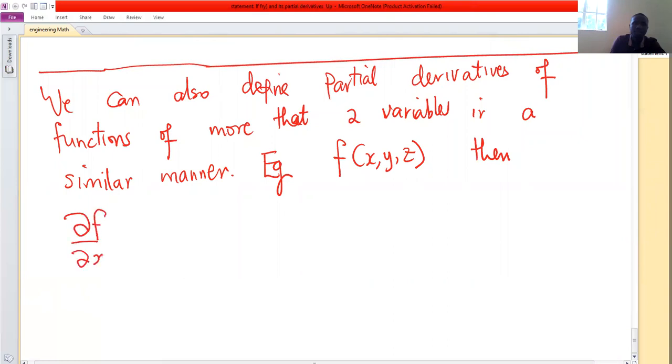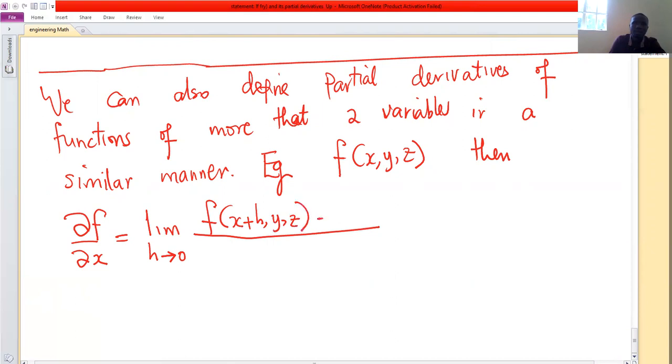partial x, and this is defined as limit as h approaches 0 of f of x plus h comma y comma z minus f of x, y, z over h, provided the limit exists.